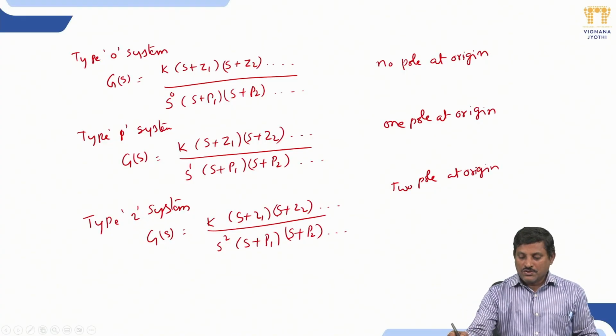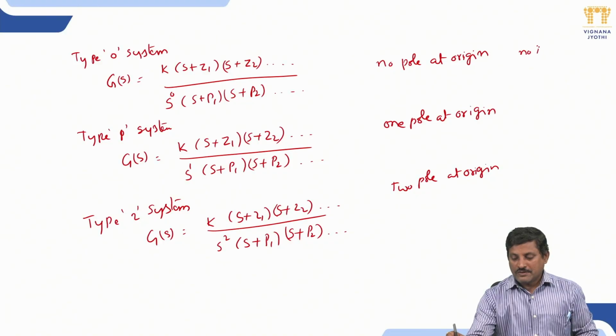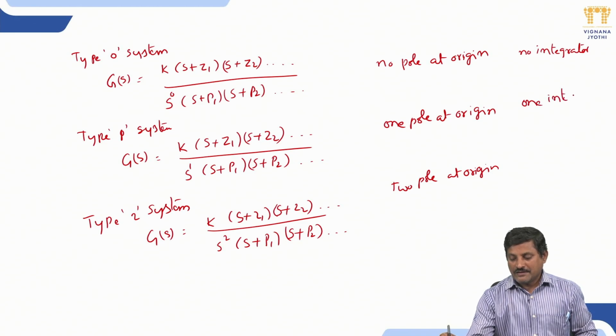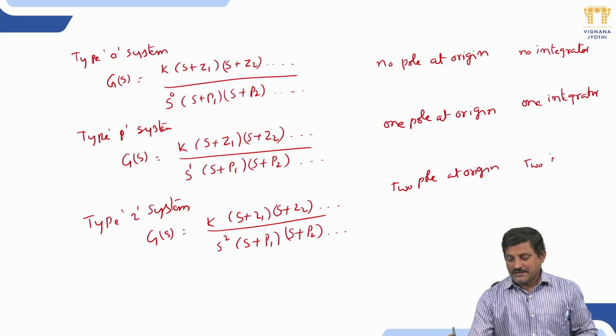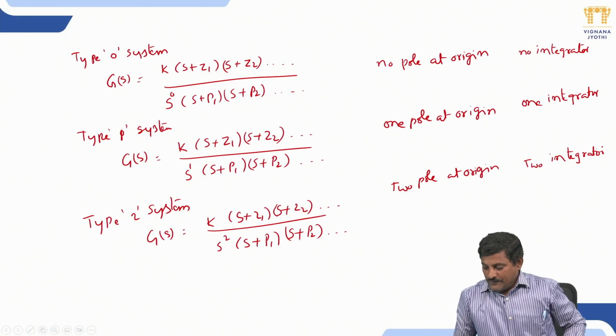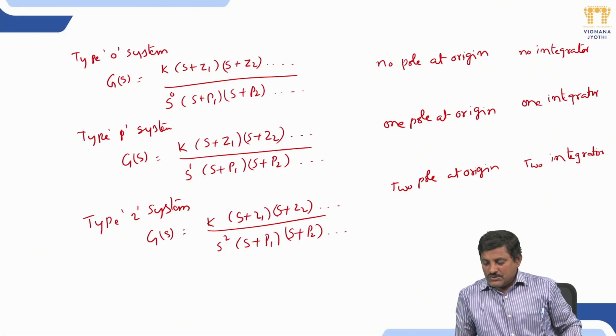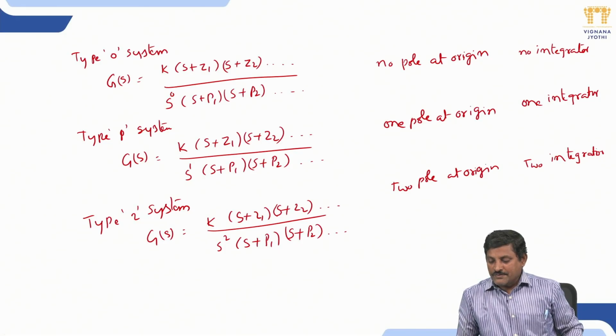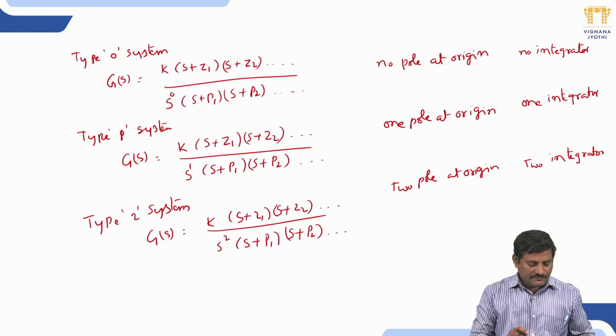So no integrator, one integrator, two integrators. Two integrators means two poles at origin. One integrator means one pole at origin. No integrator means no pole at origin.